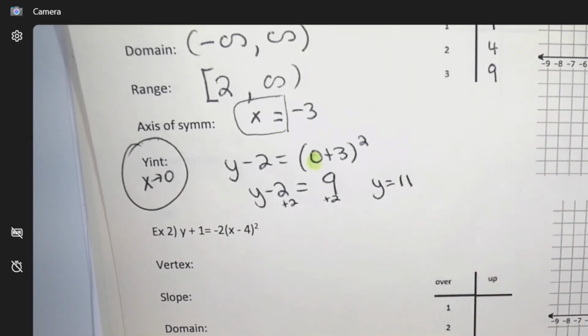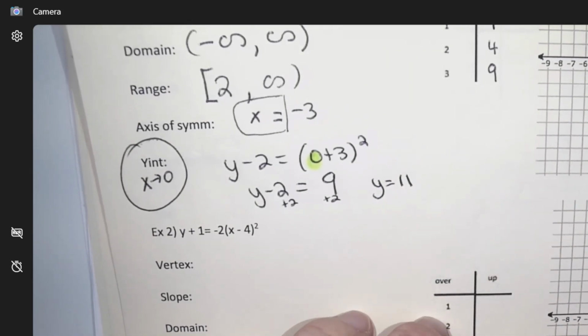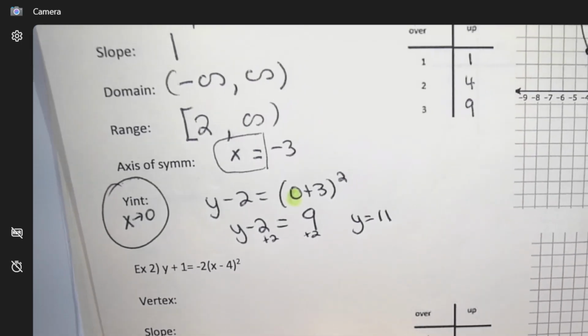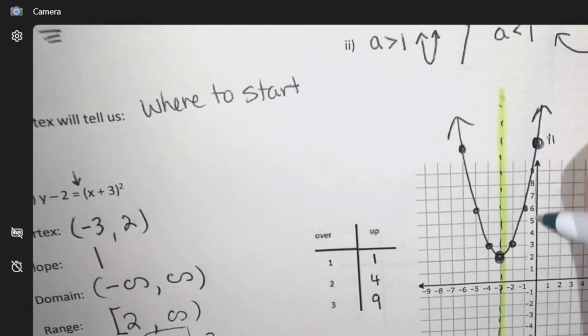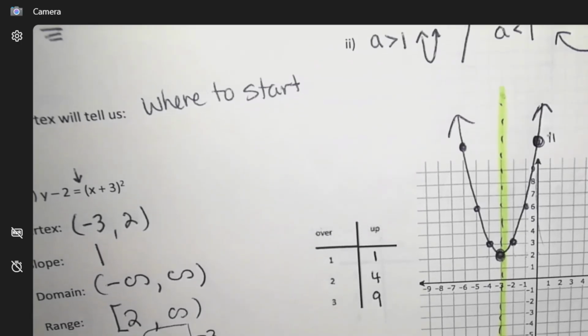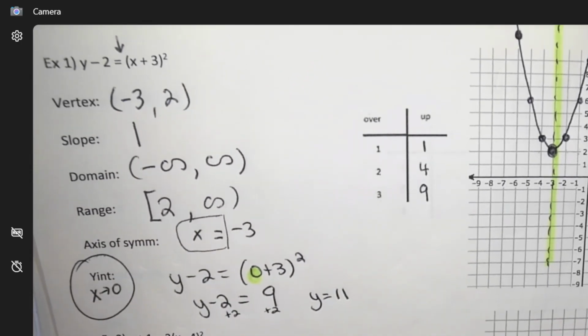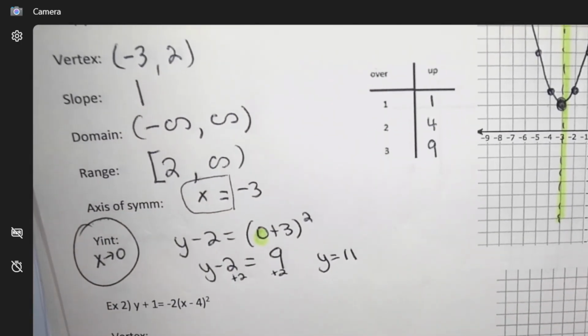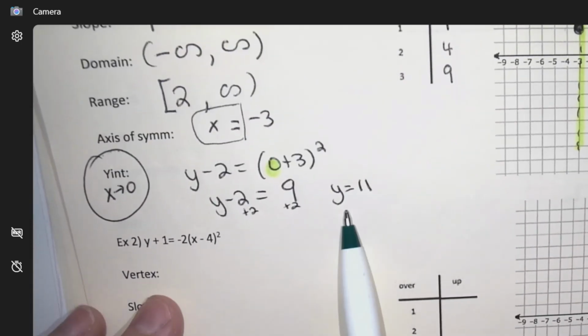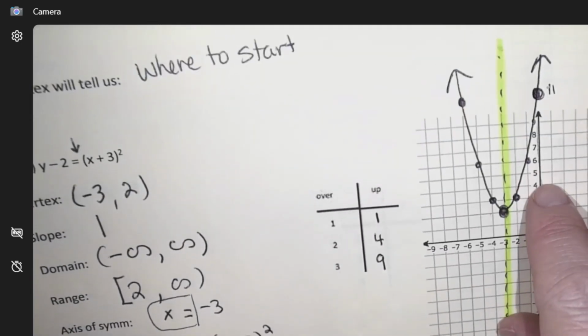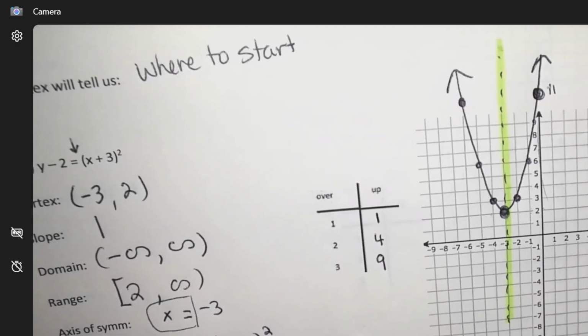And I get 11. What do you think? Does that match our graph? Does it cross the y-axis at 11? Yep. I almost always get somebody on a test or an exam who has their math and their graph and they're just not matching. Okay, they should always match, right?